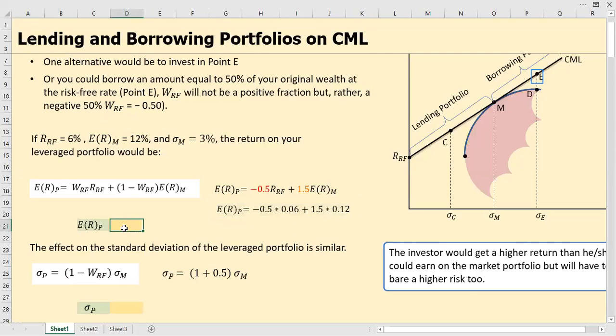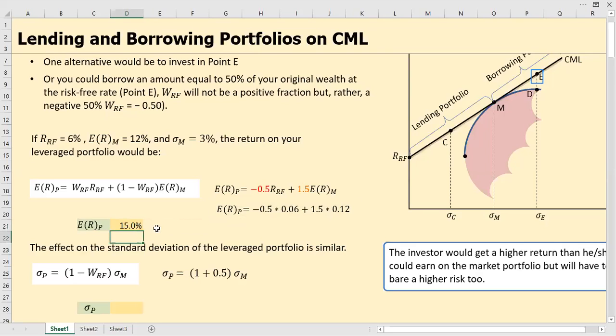So let me calculate that value here. Equal to negative 0.5 multiplied by 0.06 plus 1.5 multiplied by 0.12.